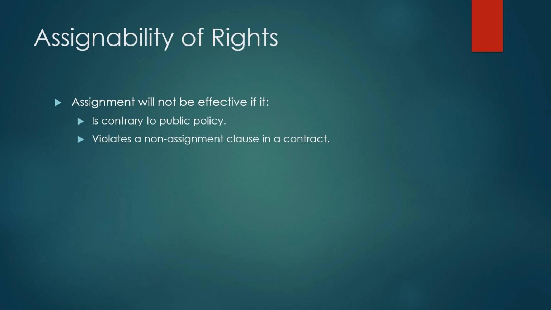If I assign my rights to someone and they try to go after the person I was in contract with to get the rights, it's going to be unenforceable because there was a non-assignment clause in our original contract. Or it adversely affects the obligor in a significant way. Because remember now, the obligor has to what? Give the rights over or do the benefits of the contract to another party, right?